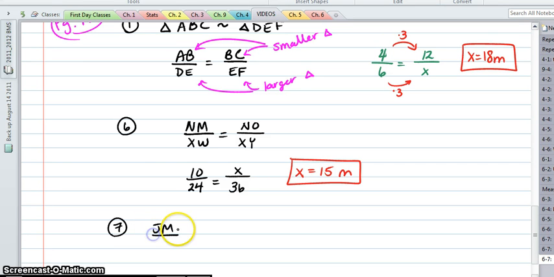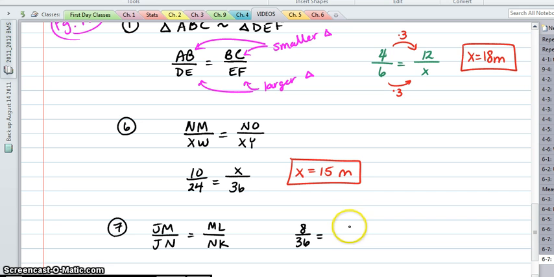So I know side JM corresponds to side JN. Notice they share the vertex J. And I know that in the smaller triangle ML corresponds to NK. Let me throw my numbers in there. That gives me 8 compared to 36.